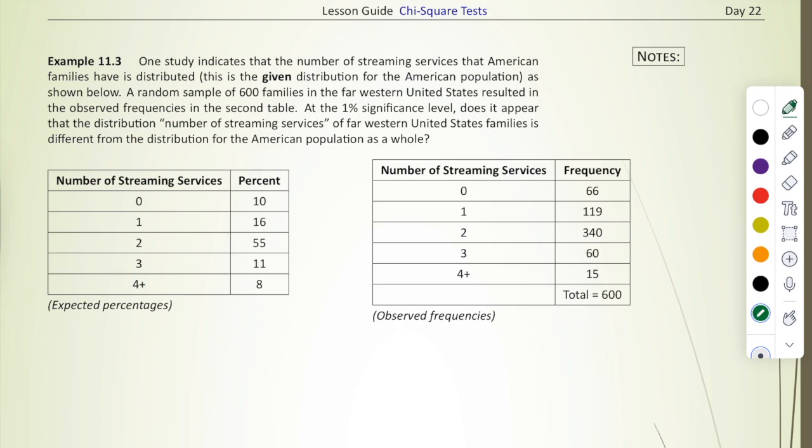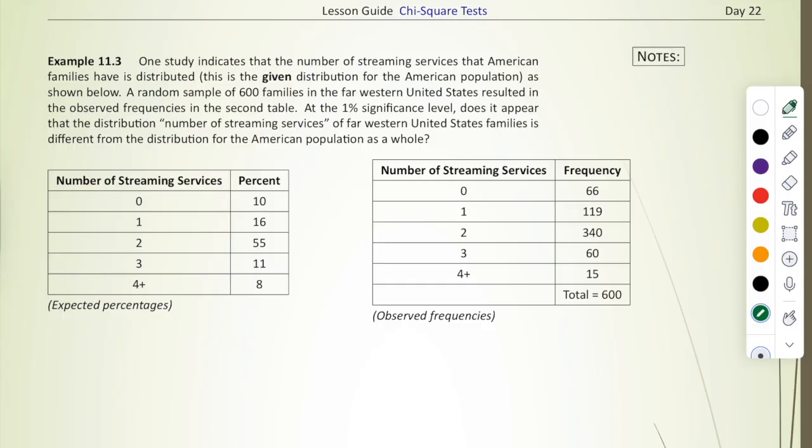A random sample of 600 families in the far western United States resulted in the observed frequencies in the second table. At the 1% significance level, does it appear that the distribution of the number of streaming services of far western United States families is different from the distribution of the American population as a whole?